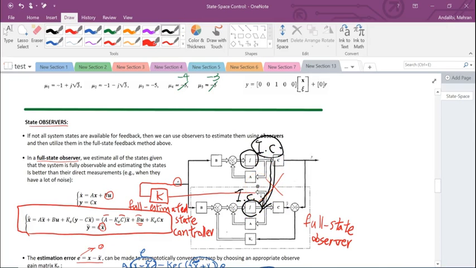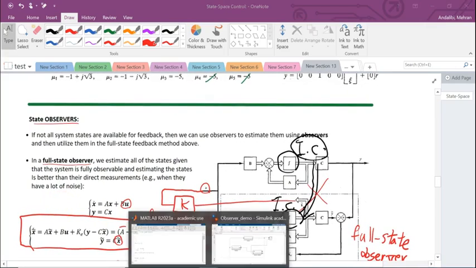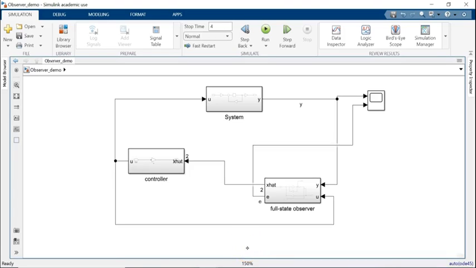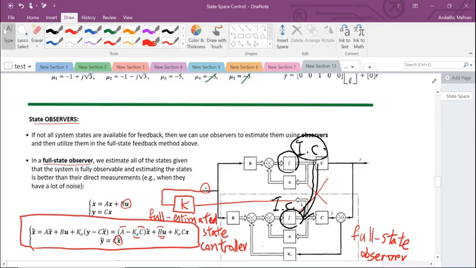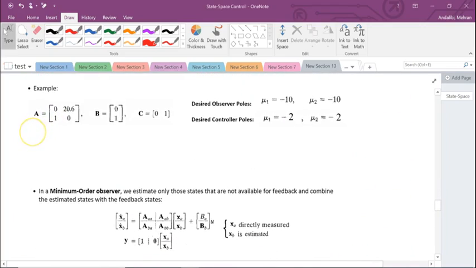The controller is still gonna work. And I'm gonna show you right now using a Simulink model that I developed. But first, let's look at the example related to the Simulink model. Let's solve it on paper, and then I'm gonna show you the system.